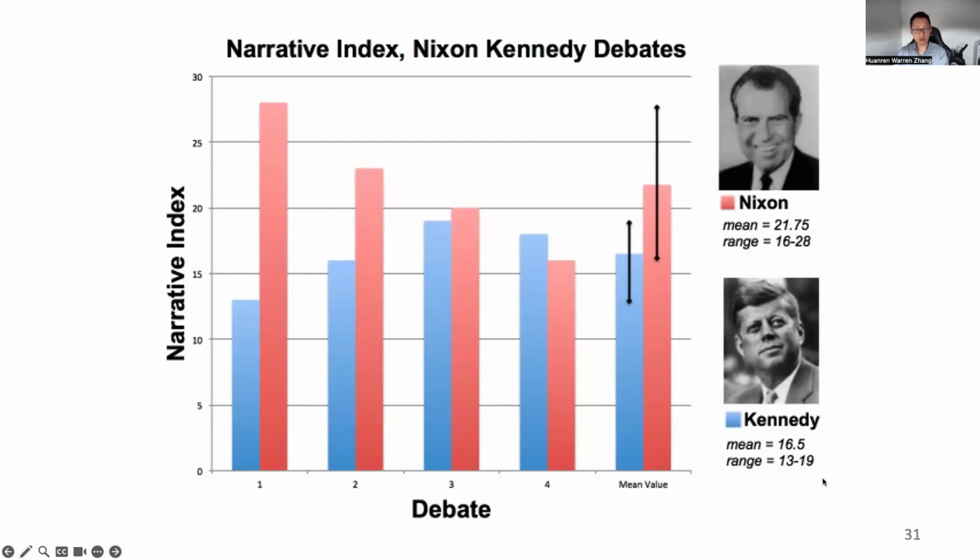But as you know from history, Kennedy actually won the election and became president, even though Nixon ran for presidency again and later became president. But during this presidential debate, Nixon actually lost. But why? You may be wondering, why did this narrative index not work this time?